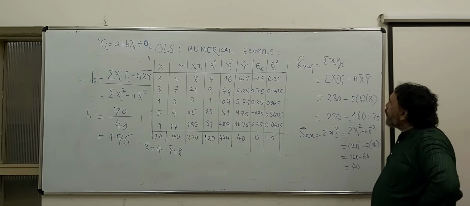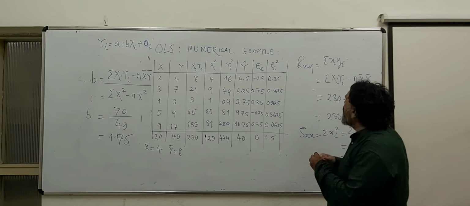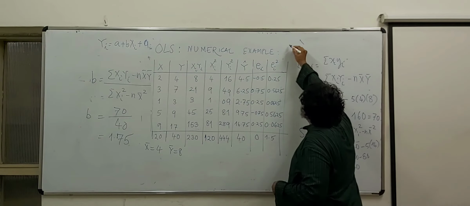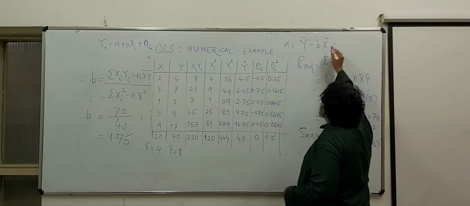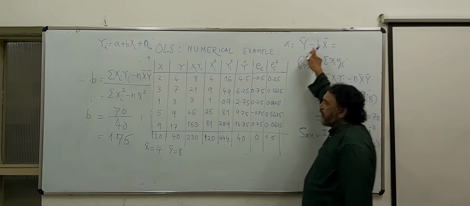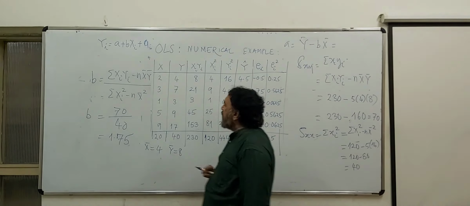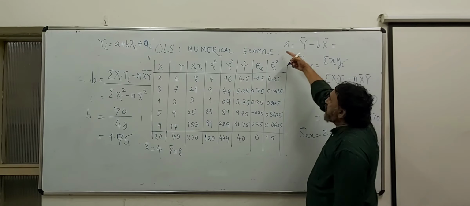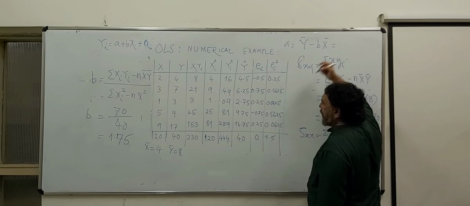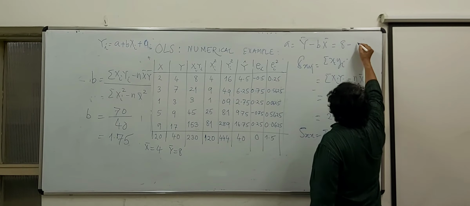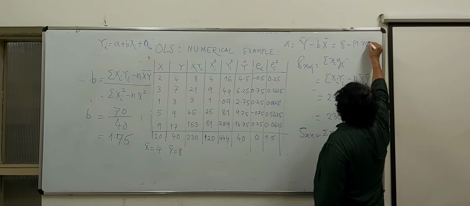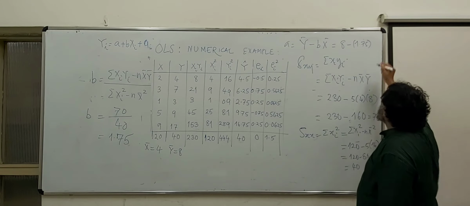Having got the value of B, we know by using the relation that A is equal to y bar minus B times x bar. Now we have got y bar, we have got x bar, and we have got the estimated value of B. That is going to give us the value of A, y bar being equal to 8 minus B, 1.75, that is our estimated value of slope, multiplied by 4.